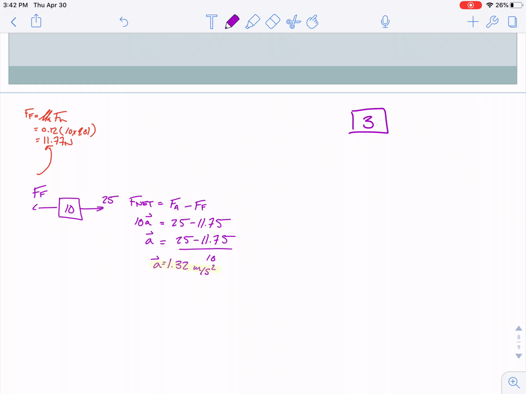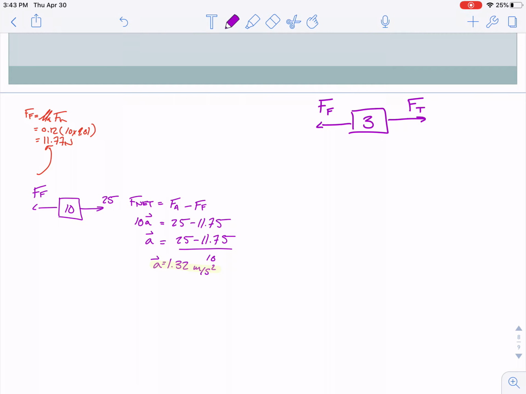So using that same thing as last time, I'm going to look at the 3 kilogram block by itself. That's being pulled this way by this force of tension. Just the rope, not the 25 newtons. We're trying to find that. And then the force of friction on just the 3 kilogram block. This is an important part. Don't just say, okay, I've already done this calculation and put this 11.75 in, because this force of friction only pertains to the 3 kilogram block.